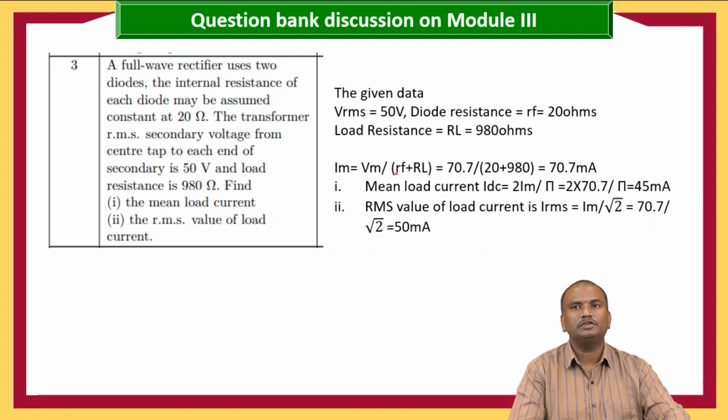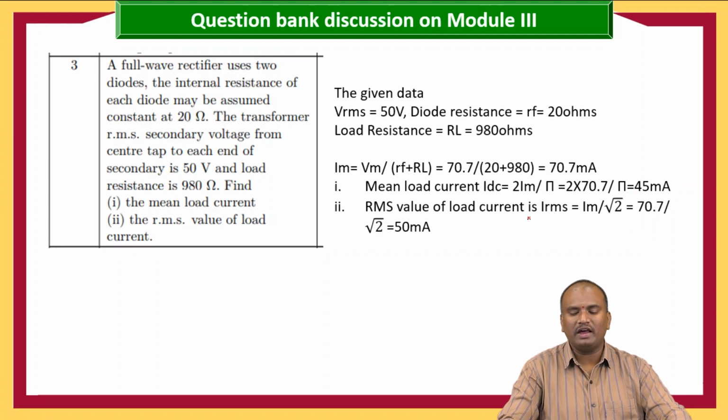Here Im is equal to Vm by (Rf plus RL), which is equal to 70.7 by (20 plus 980), which is equal to 70.7 milliamperes. The mean load current IDC is equal to 2 into Im by pi, which is 2 into 70.7 by pi, which gives 45 milliamperes.